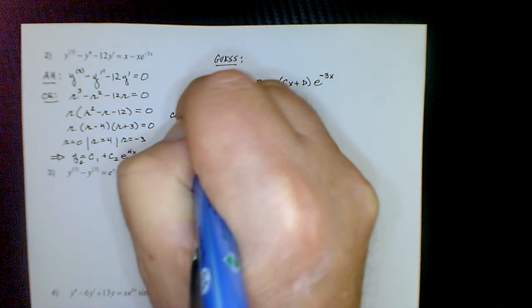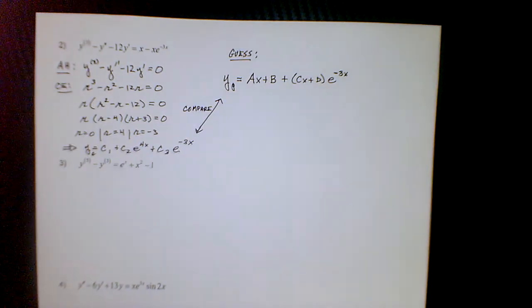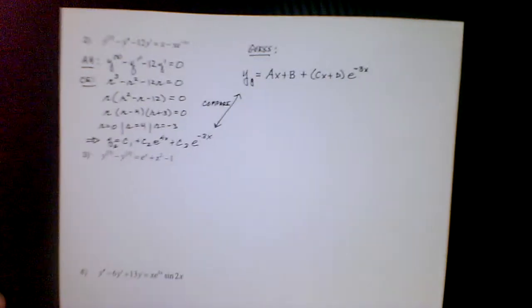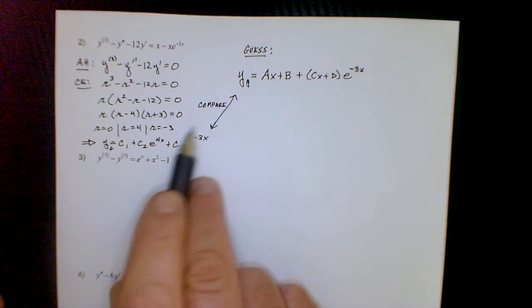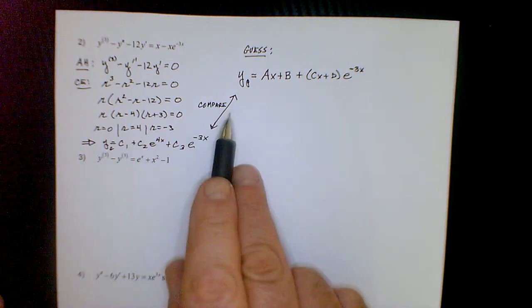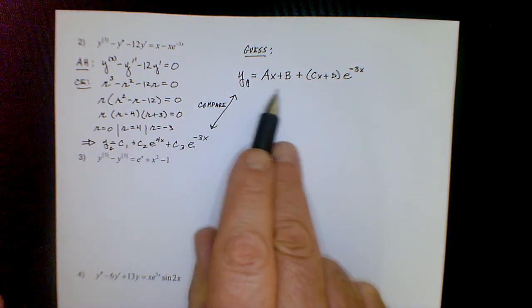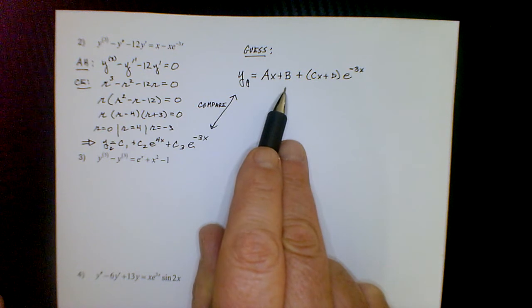And you can just again compare factor by factor. And so we do see a constant term, c1. So therefore, there can be no constant term in the proposed solution for the non-homogeneous y sub p.